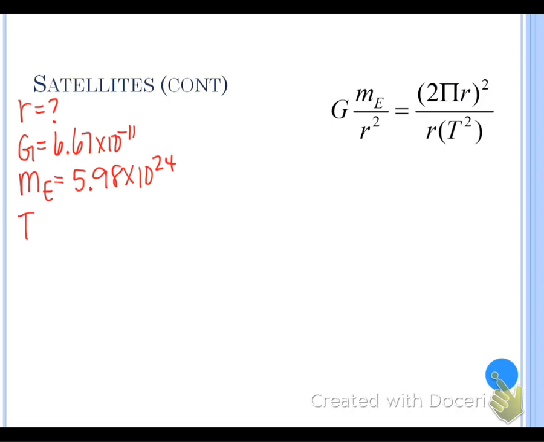And we know t. What's the period here? 24 hours. What unit does it need to be in? Seconds. So we need to convert 24 hours to seconds. In order to do that, we're going to multiply by 3,600.